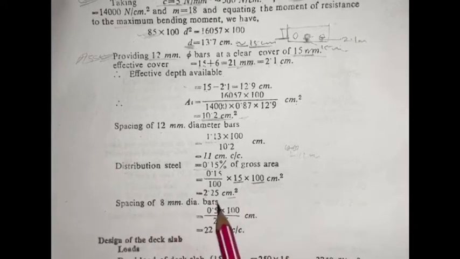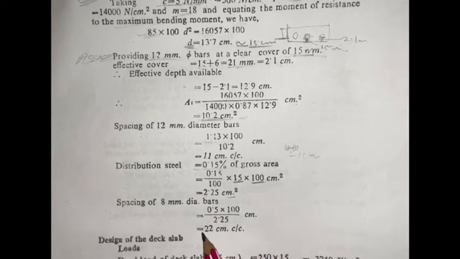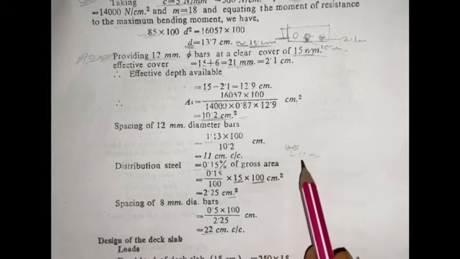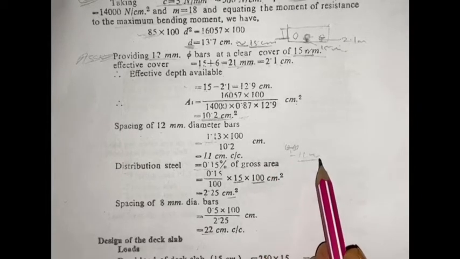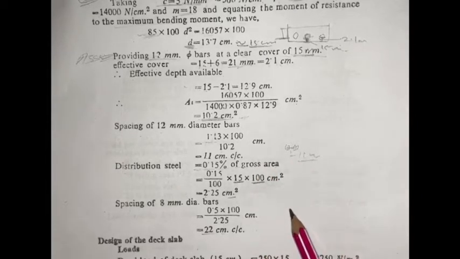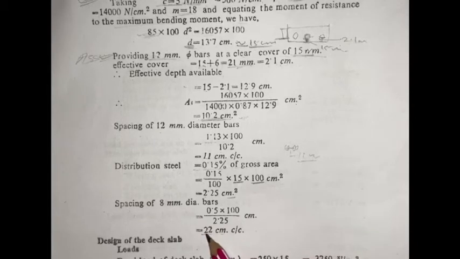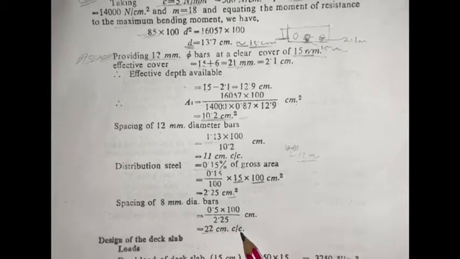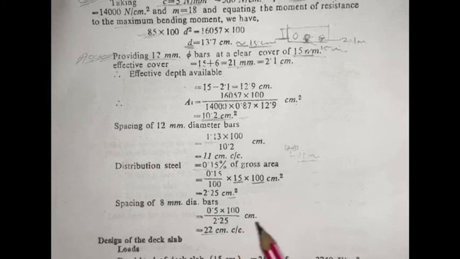So spacing for the distribution bar, we have 12 centimeter center to center distance. For the main bar we have 11 centimeter center to center distance, and for the distribution bar we will provide 22 mm center to center distance. Okay, that's it for the design of the footpath slab.